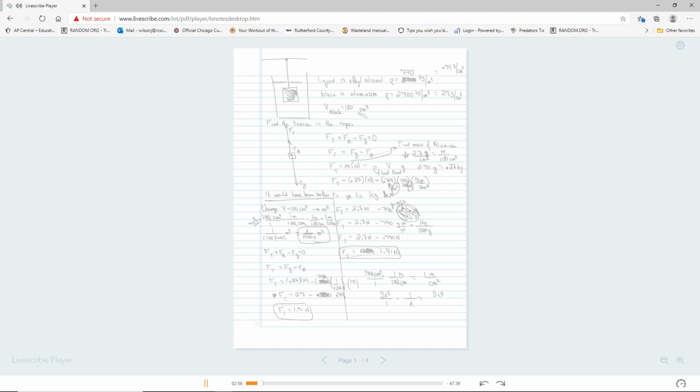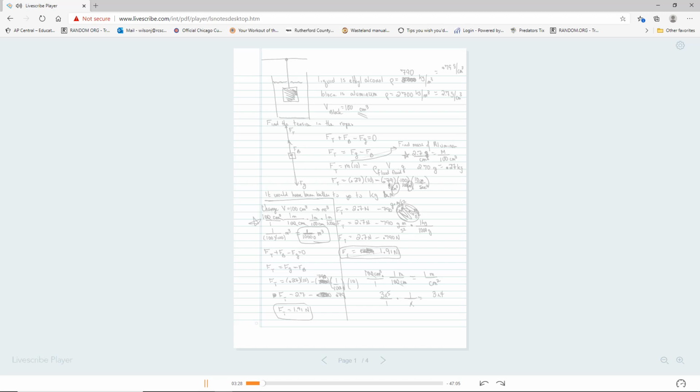And then how are we going to handle this meters cubed business? Well, 1 meter is 100 centimeters, but I'm going to have to do that 3 times. Why do I have to do it 3 times? Because meters was cubed. So 1, 2, 3.